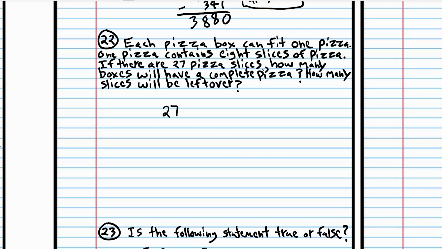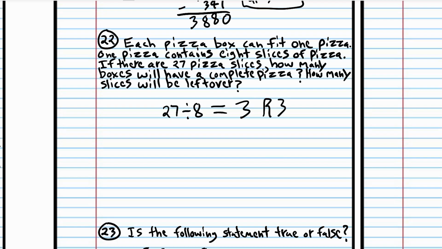So 27 divided by 8, we can write a division expression for this, is 3. And that adds up to 24. 24 slices fill up 3 boxes. And then how many are left over? 27 minus 24 is remainder 3. So we filled up 3 boxes and we have 3 slices left over.